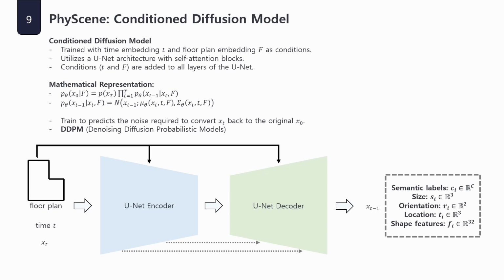This process includes a gradual denoising procedure, which can be represented in a formula involving a progressive denoising process. The denoising process can be expressed as a Gaussian distribution defined by the denoising transition, mean, and covariance. The model predicts the noise required to transform xt back to the original x0. For a deeper understanding of this process, it is recommended to refer to DDPM.